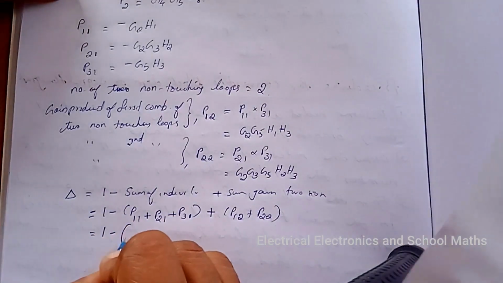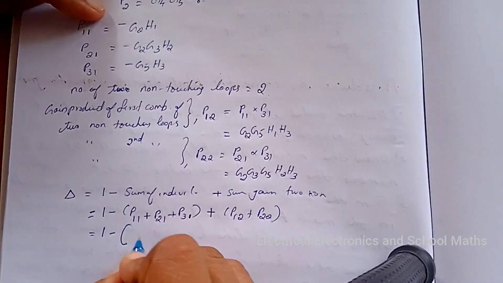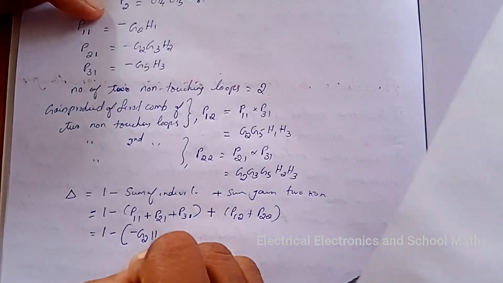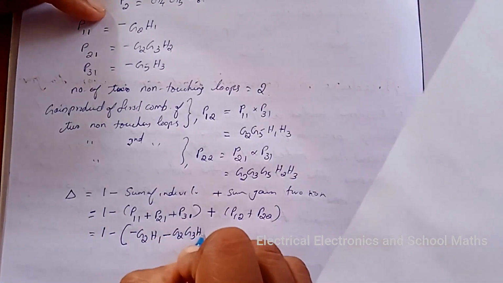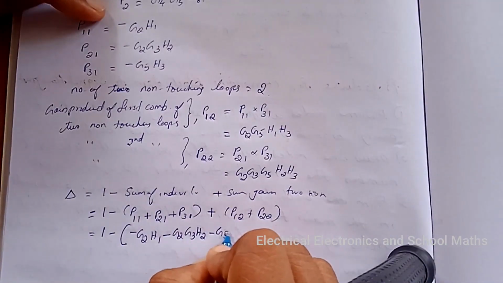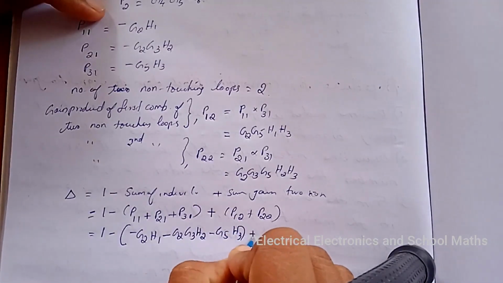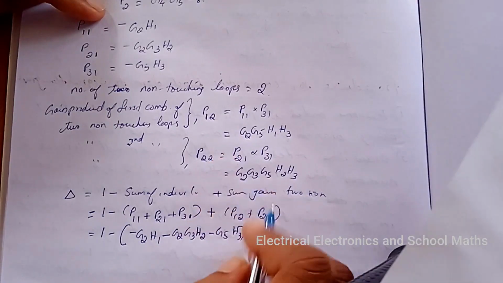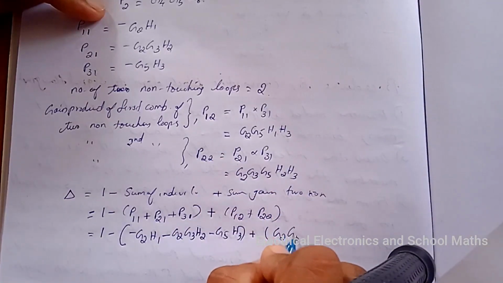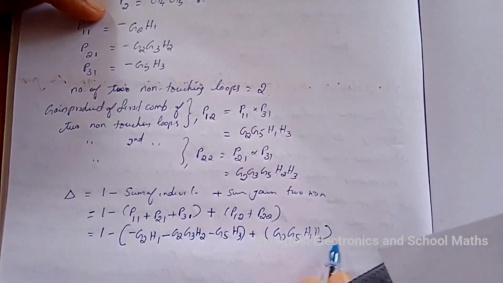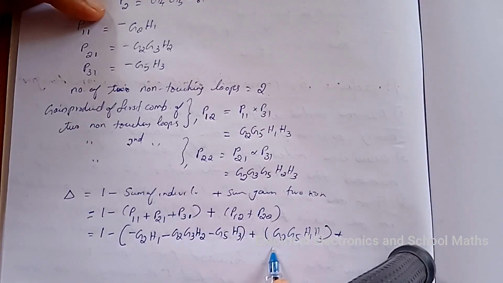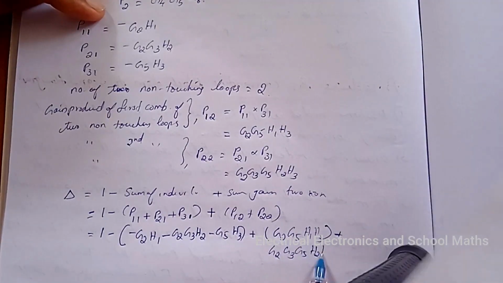Now put the values. 1 minus P11, which is minus G2 H1, then minus G2 G3 H2, then minus G5 H3, plus P12, which is G2 G5 H1 H3, then plus G2 G3 G5 H2 H3.